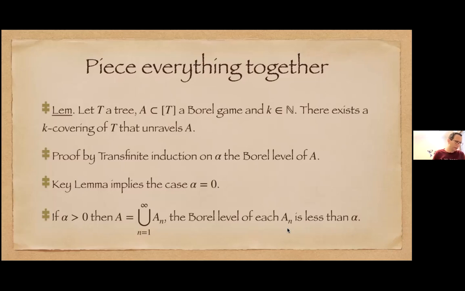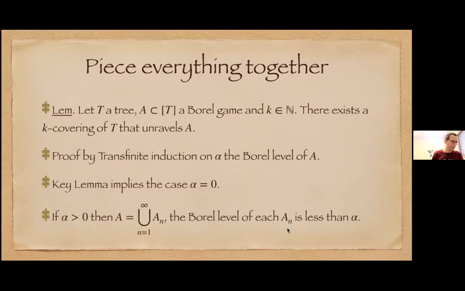And now we want to go to alpha greater than 0. So we know that A is a countable union of sets A_n, and the Borel level of each one of these sets A_n is strictly smaller than A. Or maybe it could be the case that A is in pi alpha, then it's the complement of something, but as I said, unraveling a set and its complement is done by the same covering.